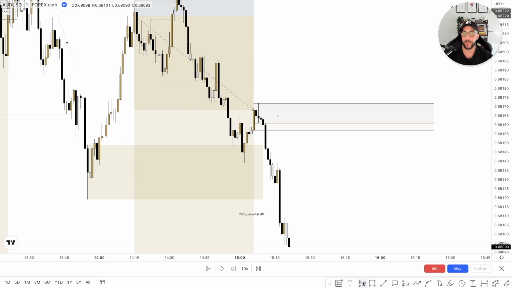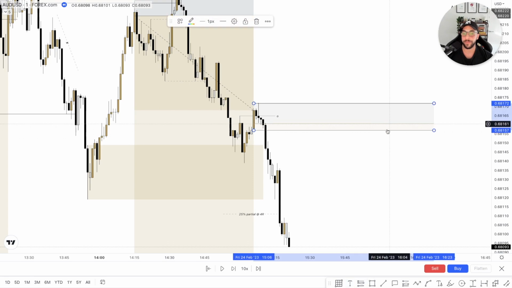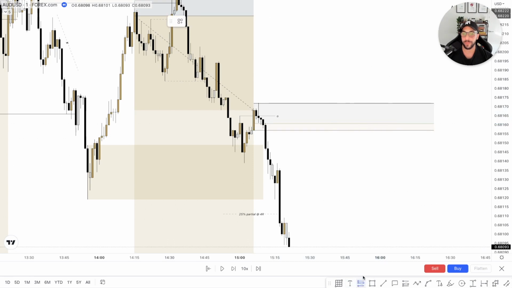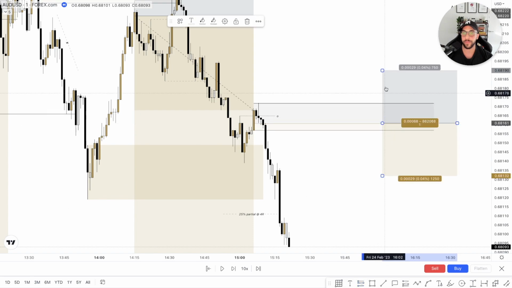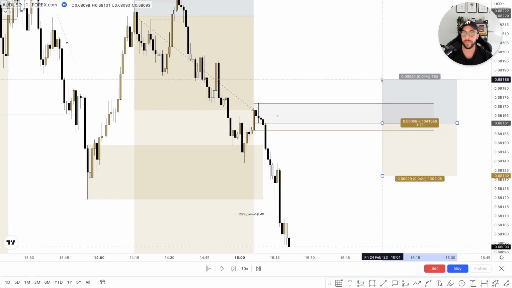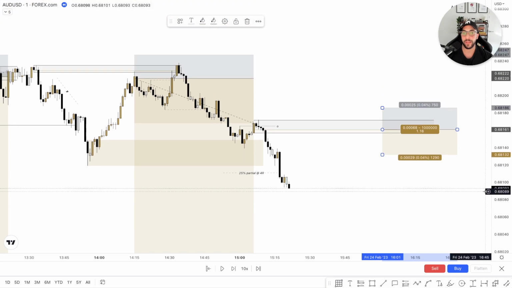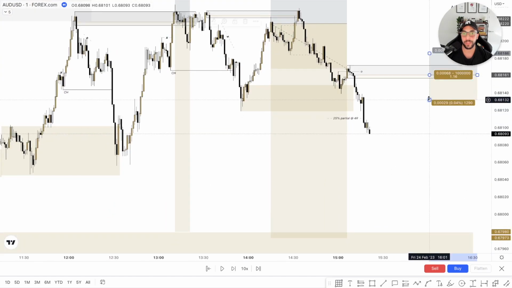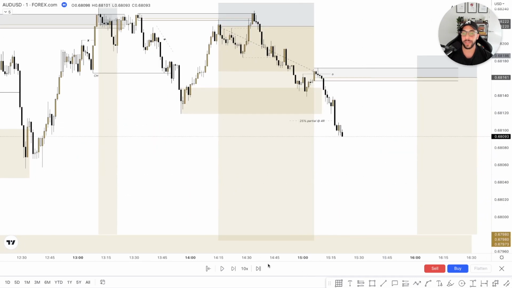Take 25% of the zone and use a 2.5 pip stop loss. And then you could also have the exact same target. So let's see if we get tagged into the scale-in.